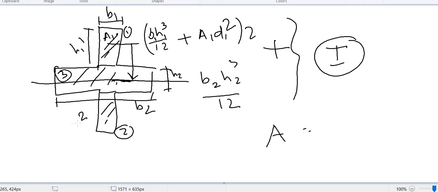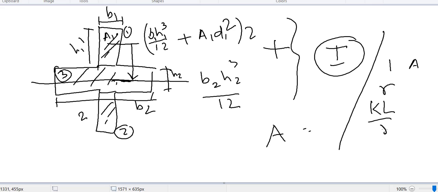Now we will see this using an example. Maybe before that, to revise: once you find I and A, we can find R. Then depending on KL by R, if it is less than 25, the capacity is A gross times Fy. Then we should check the bearing also, and welding.